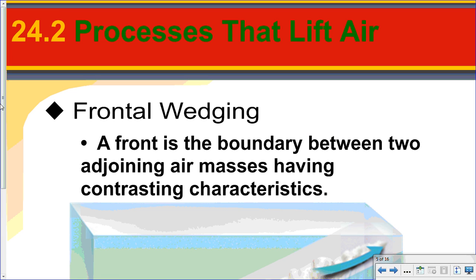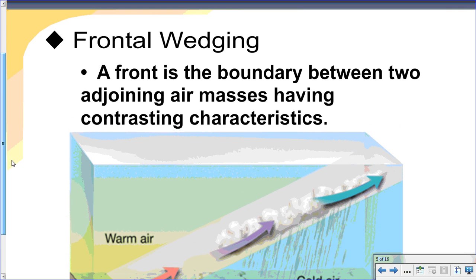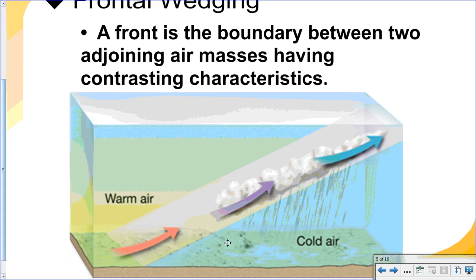So another way that air can be lifted is through what's called frontal wedging. So the front is the boundary between a big area of warm air and a big area of cold air. A front is just one big area that has a common characteristic throughout of temperature and moisture. So when we have two of those meet, that's where we start to get some rain.